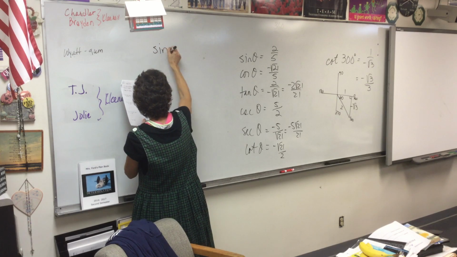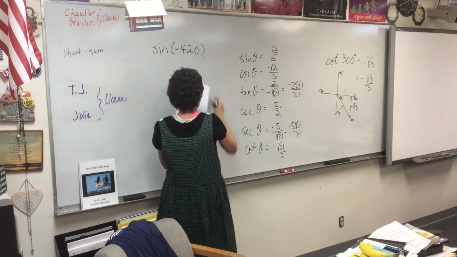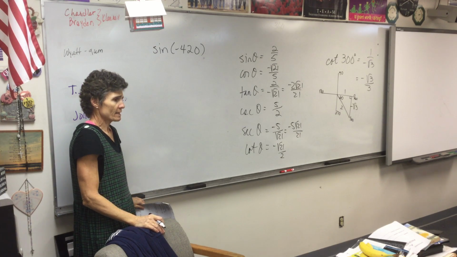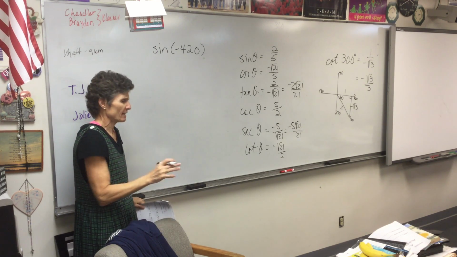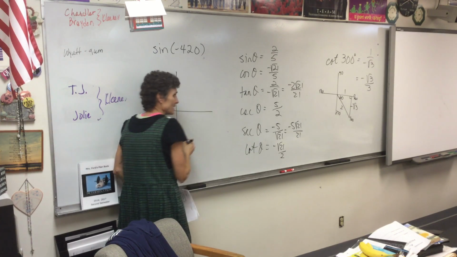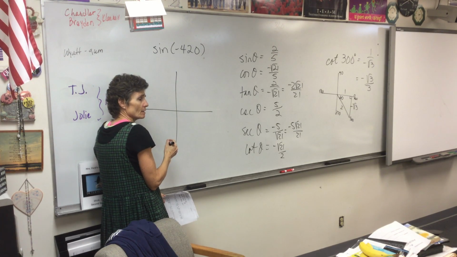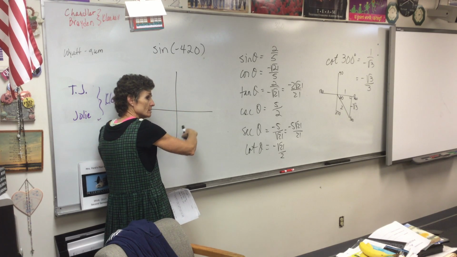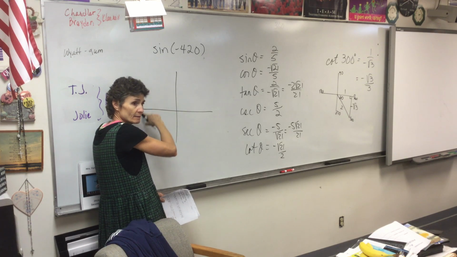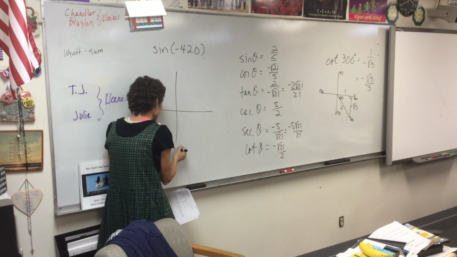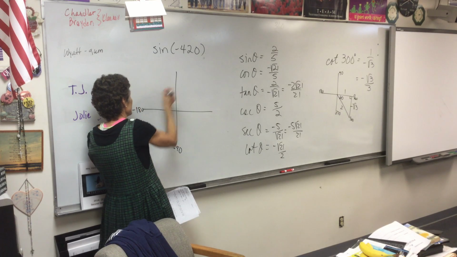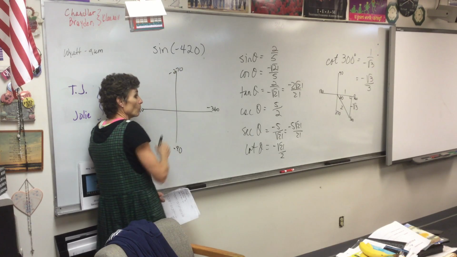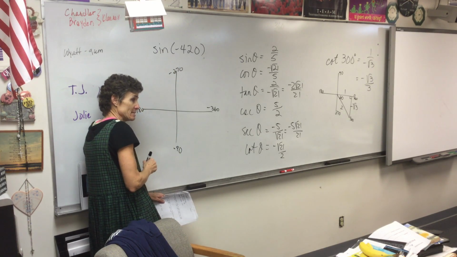We're going to find the sine of negative 420. Wait a minute. First of all, negative. What does that even mean, negative? Negative means instead of going up and around, I'm gonna go down, right? Negative angle. So this would be negative 90, negative 180, negative 270, negative 360. I gotta go even past 360.